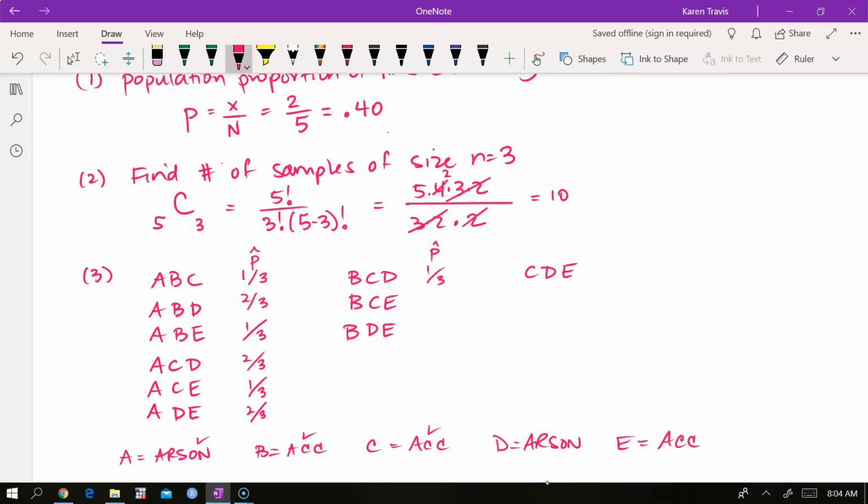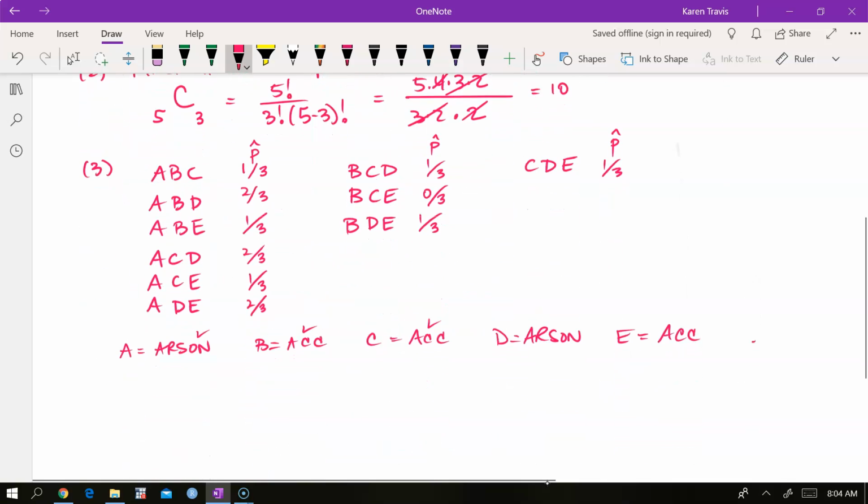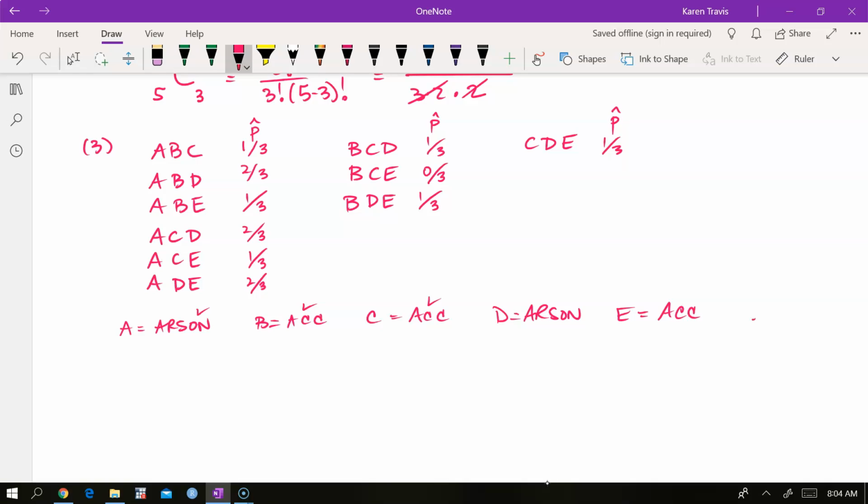B, C, and E would be 0 out of 3 are arson, and B, D, and E would be 1 out of 3. And then finally, C, D, and E makes 1 out of 3 that are arson. So what this tells us is that's a set of everything that could happen for p-hat if we took a sample of size 3 out of that whole population of 5 fires.